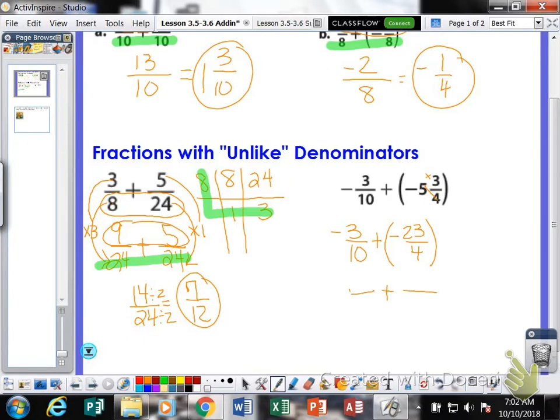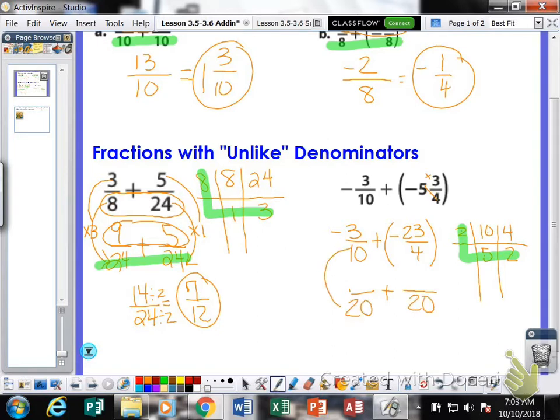So like I said, if you want, you have 10, 4. What goes into both? 2 does. So that's 5, 2. 10 divided by 2 is 5. 4 divided by 2 is 2. And now to find the least common multiple or least common denominator, multiply the L. So 2 times 5 is 10, times 2 is 20. So 20 is our new denominator.